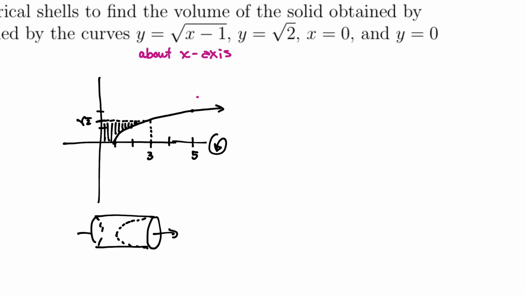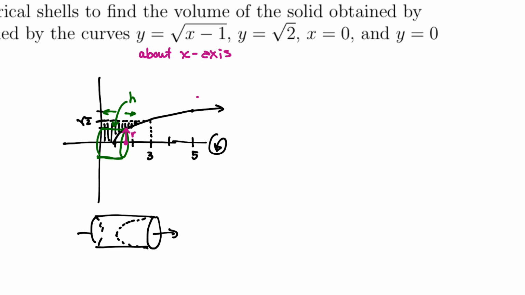So this time you can kind of see, right, with shells we always cut parallel to our axis of rotation. And so you'll see your cylinders are sitting sideways now. And so now your height moves this way, and now your radius is the one that moves up and down.